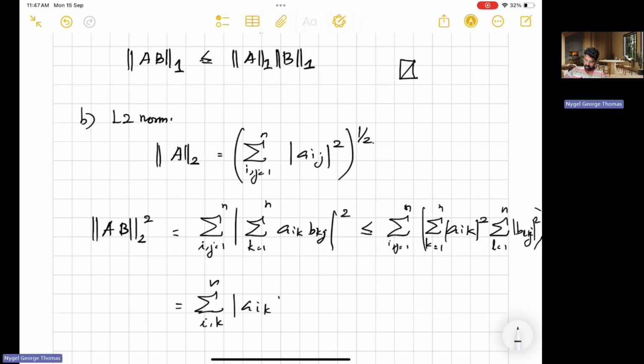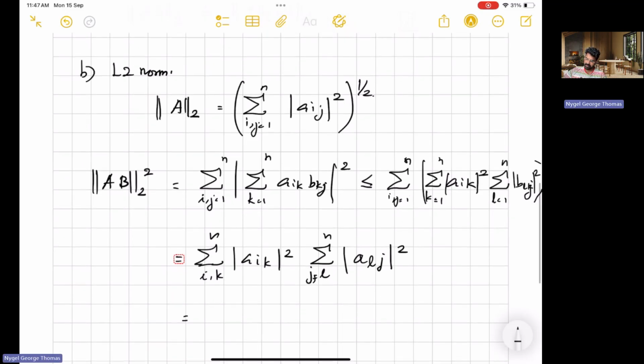A of ik all squared, sigma j and l together, ajk or a, lj, which in fact is the L2 norm of A squared into the L2 norm of B squared.